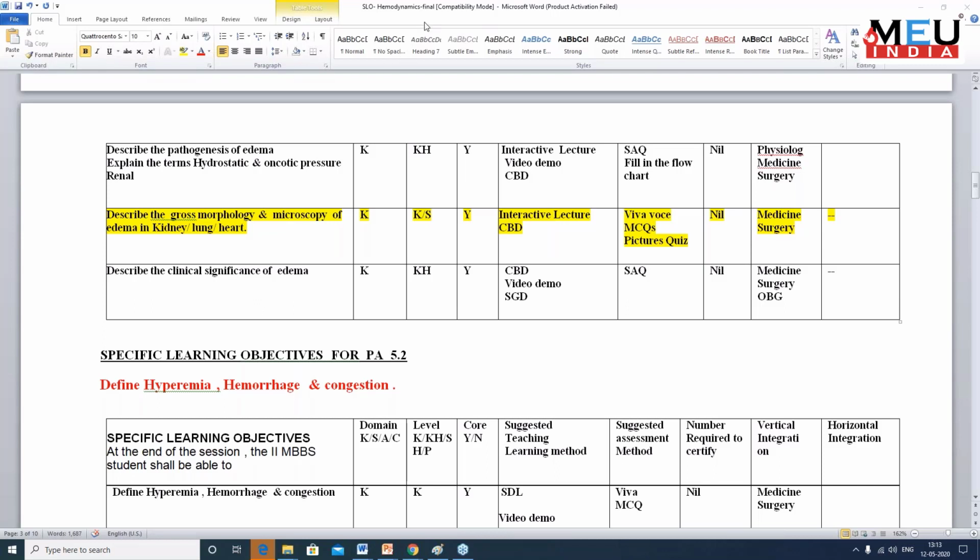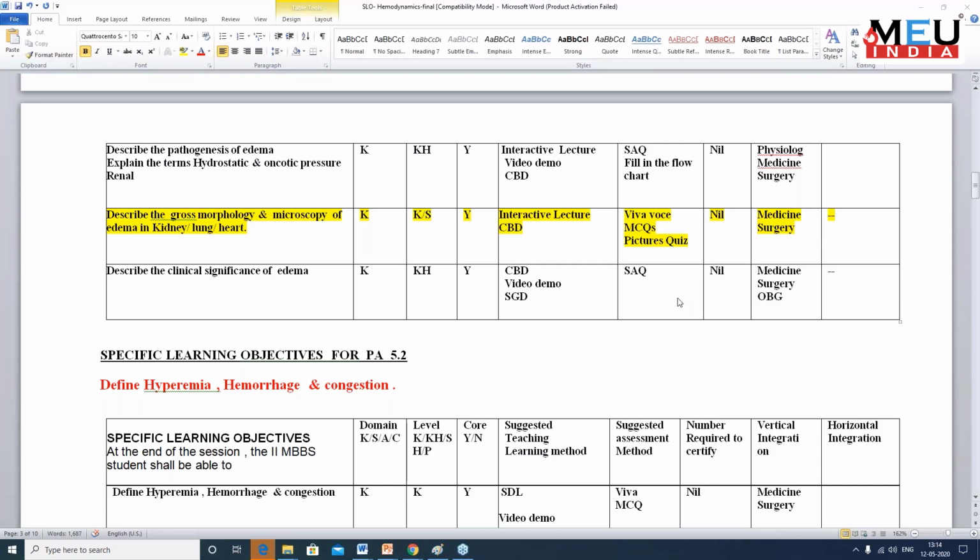Like I mentioned earlier, case of anemia in last trimester of pregnancy, how is it going to affect? That part can be highlighted by OBG or medicine departments in collaboration with them.